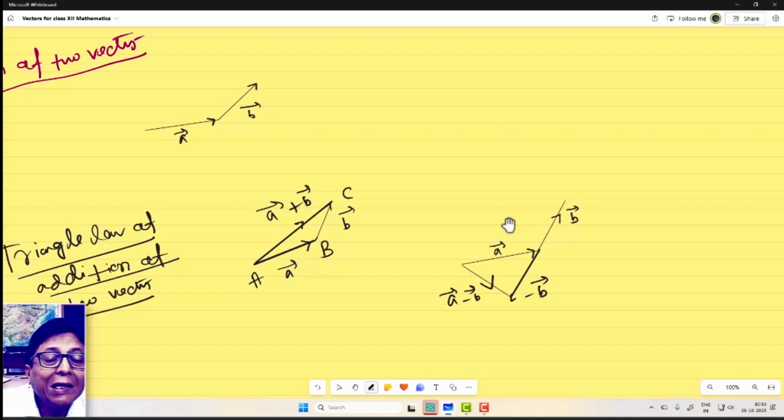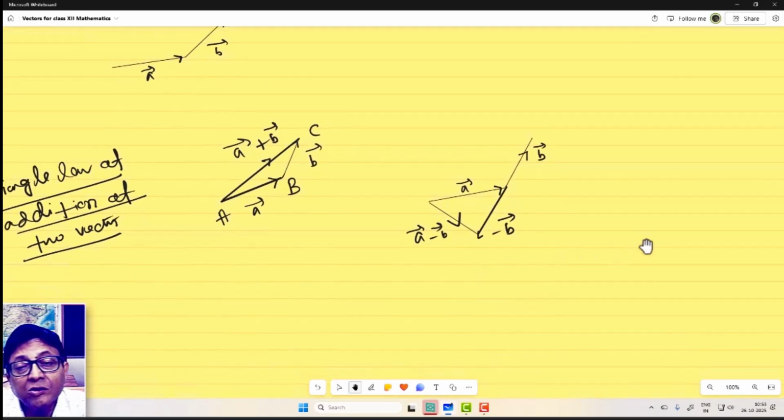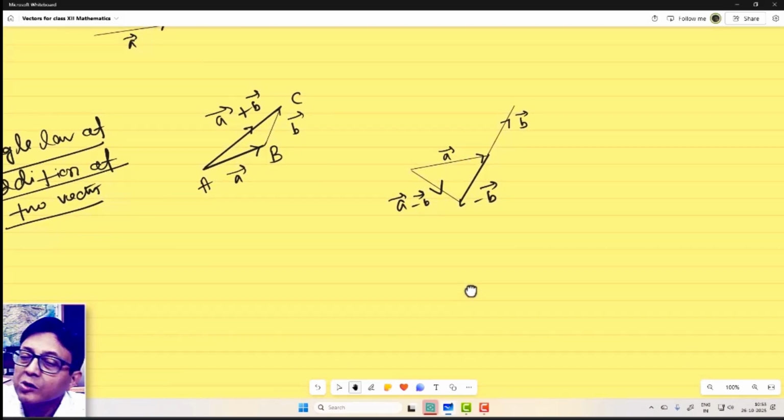So addition is done by triangle law, subtraction is also done by triangle law. So this side will represent the difference of two vectors. If this is A, and B is opposite with equal magnitude, minus B, then the third side is A minus B. Okay?